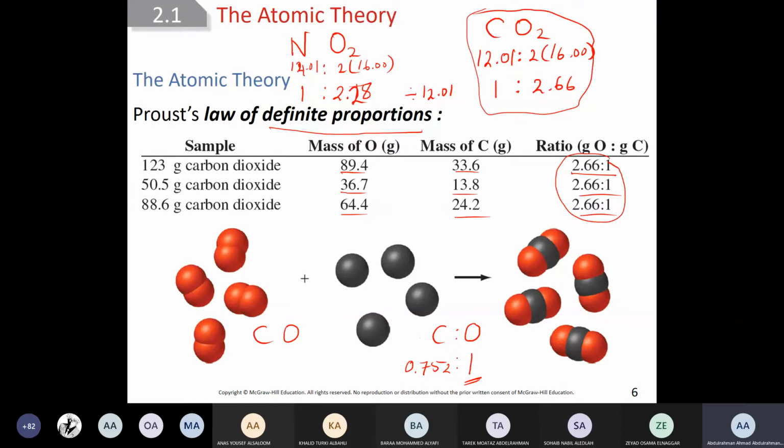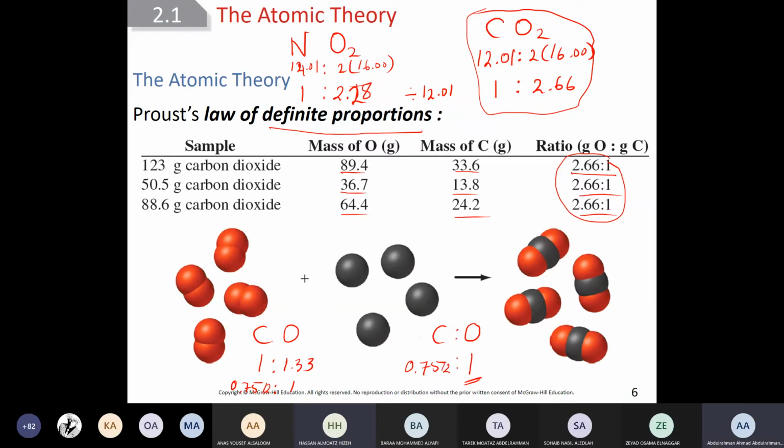You can never have that. This will always be 1 to 1.33, or it will be 1 to 0.752.